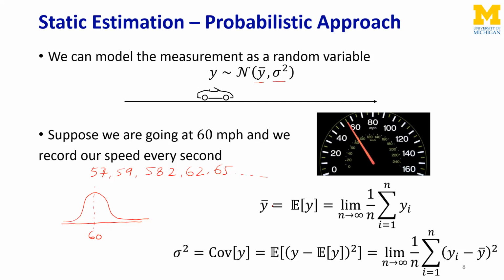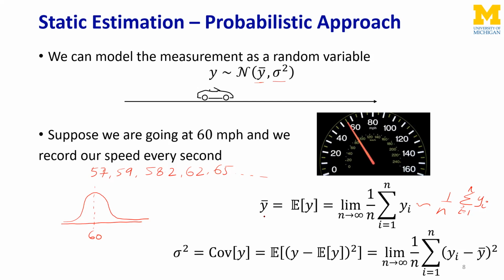Monte Carlo method sounds fancy, but it's just about taking means. So y bar, which is the expected value of y, is equal to this limit. Basically, what it's saying is that this can be approximated by 1 over n, which is a running mean of the measurements.